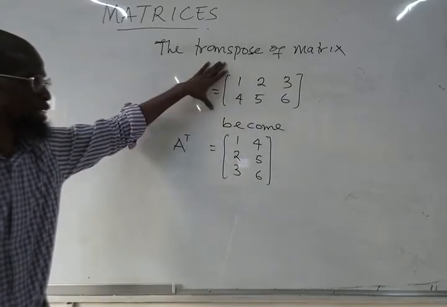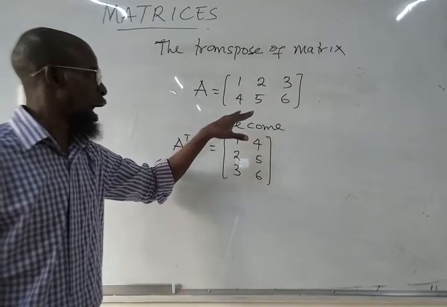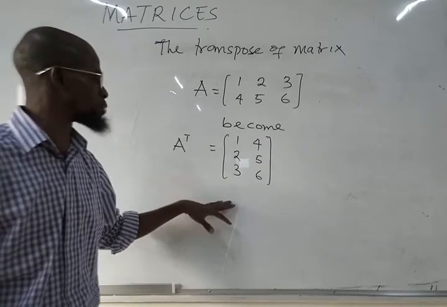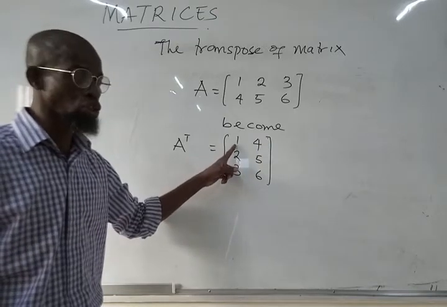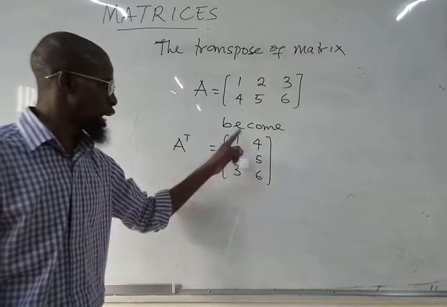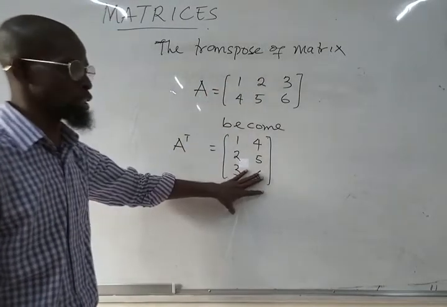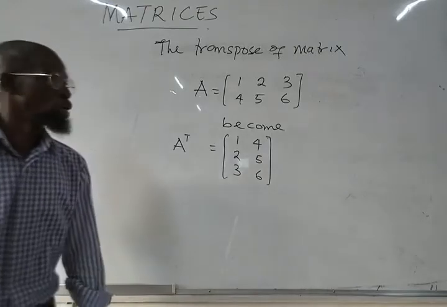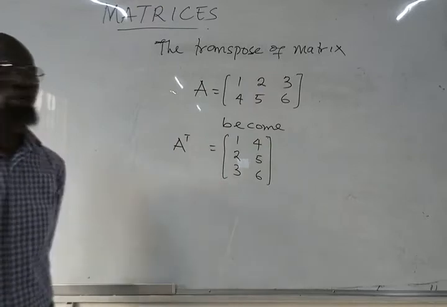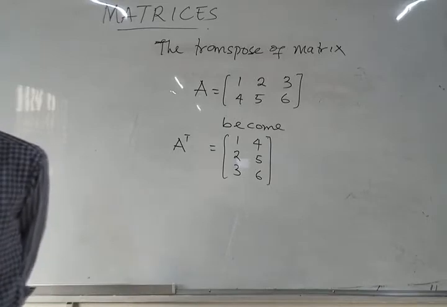The matrix A consists of 2 rows and 3 columns, but the transpose of matrix A consists of 3 rows and 2 columns. So the first one is 2 rows, the transpose is 3 rows. A is 3 columns and the transpose is 2 columns. So they are not equal to each other.